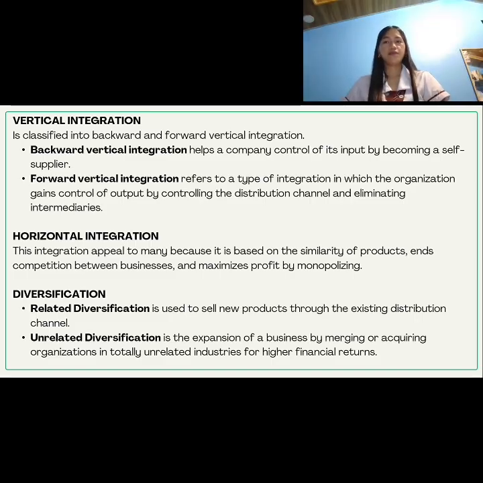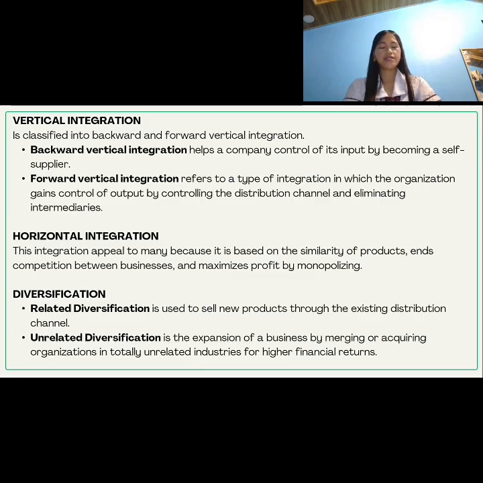Ang example sa backward vertical integration kay ang car manufacturer kay nagpalit og tire company. Dayon, ang forward vertical integration refers to a type of integration in which the organization gains control of output by controlling the distribution channel and eliminating intermediaries.